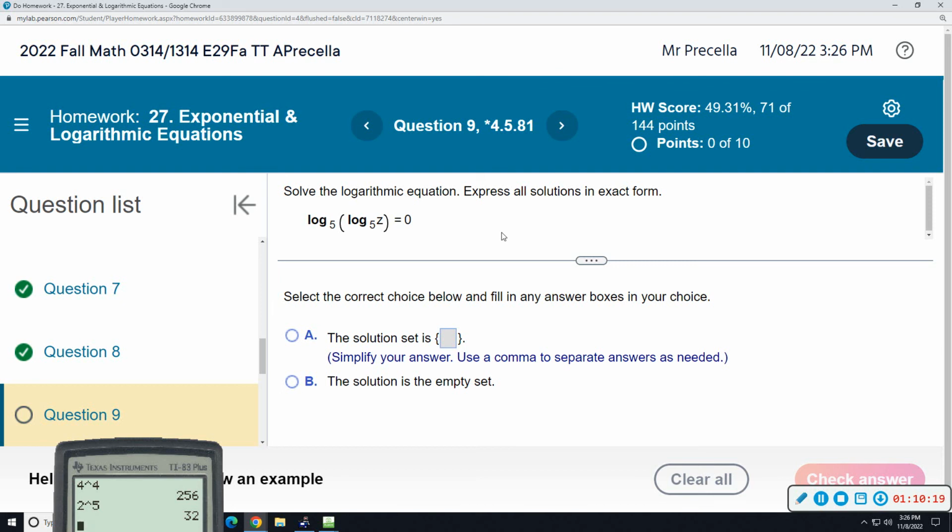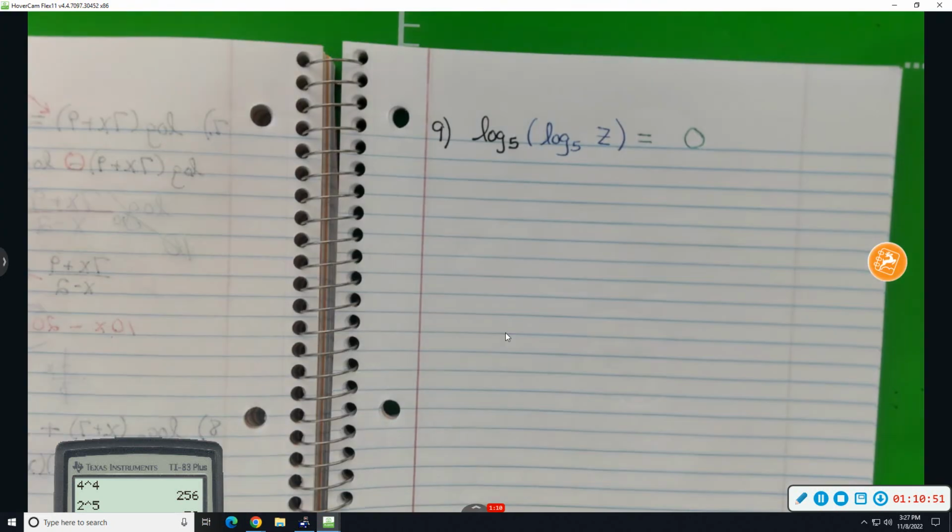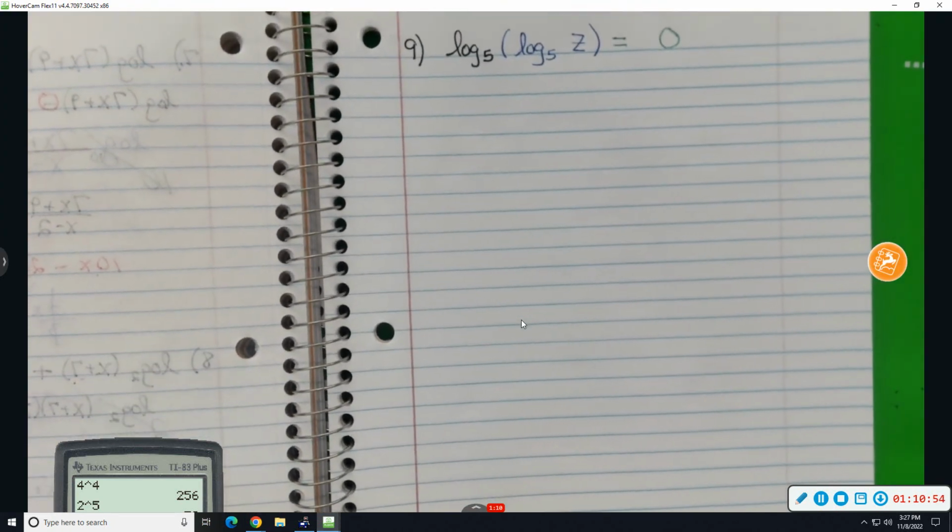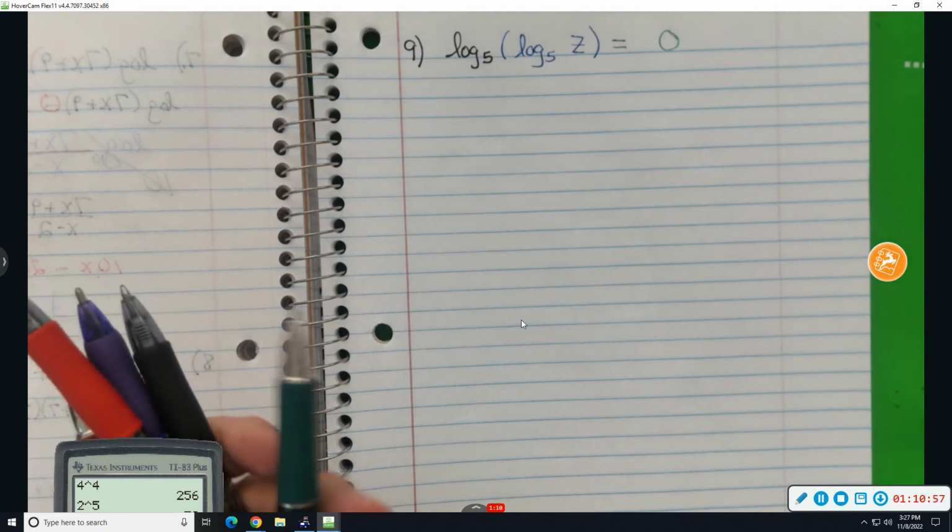Number 9 looks worse than it is. Log base 5 of log base 5 of z equals 0.